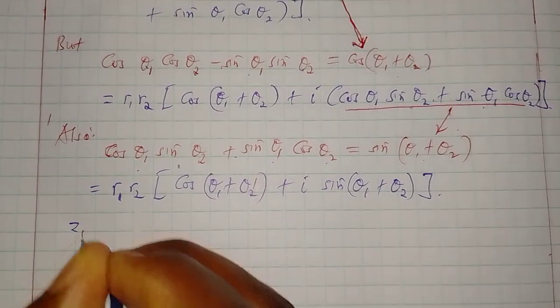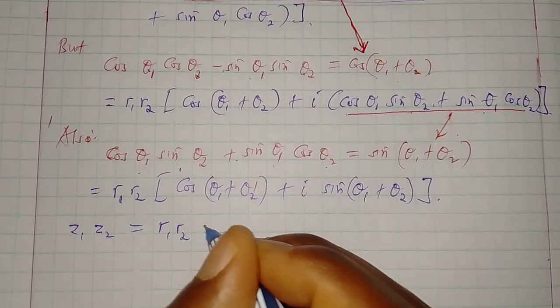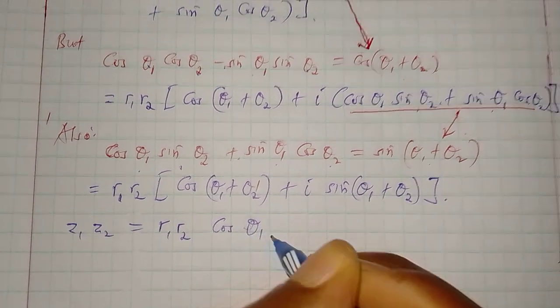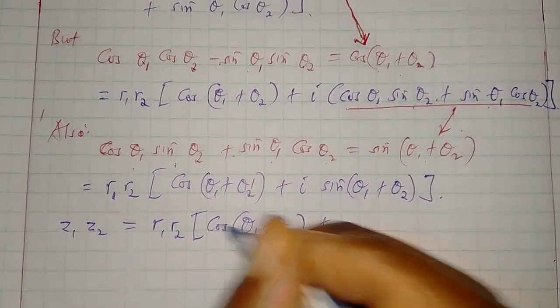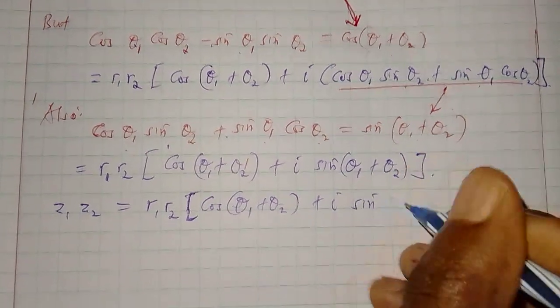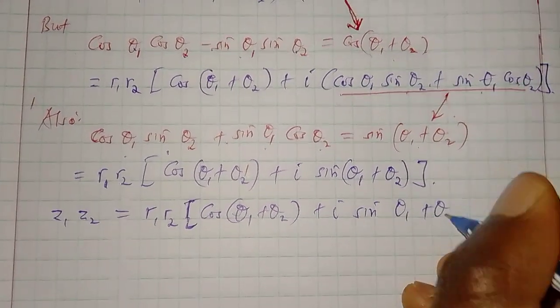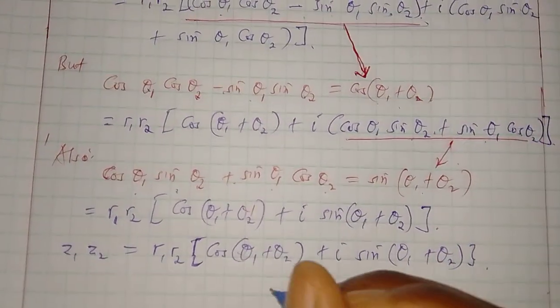So z1 z2 is equal to r1 r2 cos of theta1 plus theta2 plus i sin of theta1 plus theta2, and we have now proved.